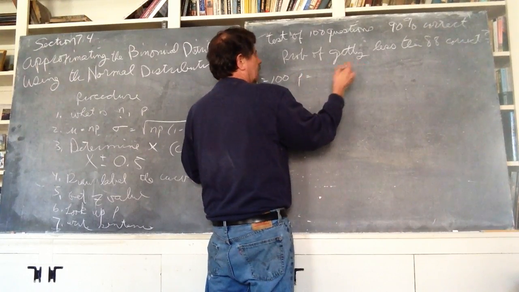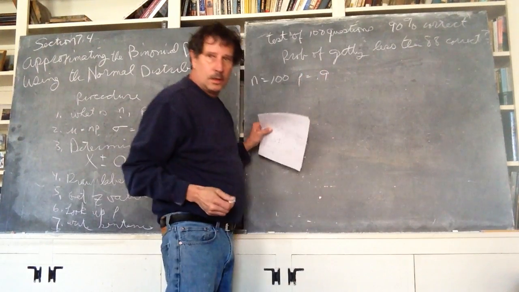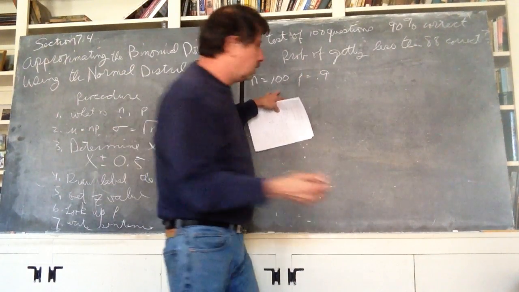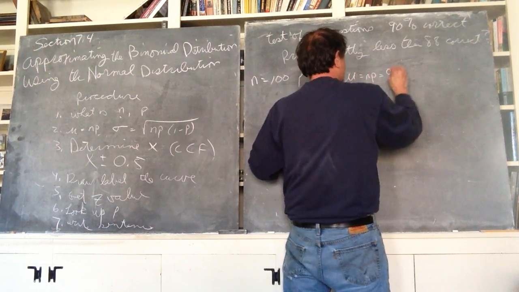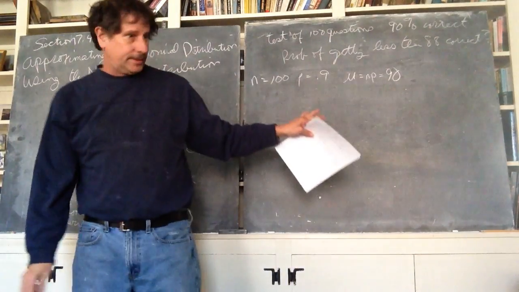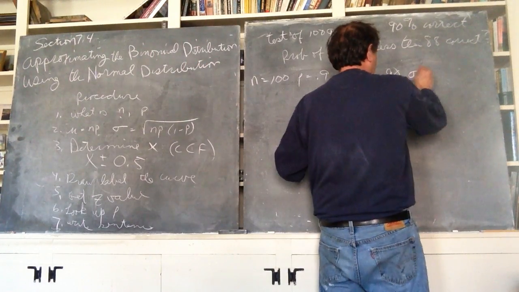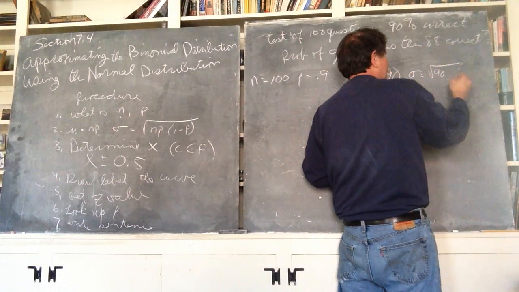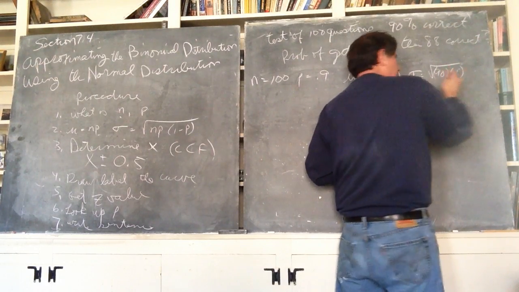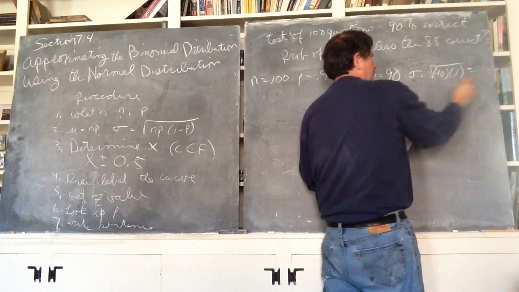P is 0.9. So that's 1. 2. Then mu is NP, which is 90. Sigma is the square root of NP times 1 minus P, which is 90 times 0.1, which is 3.